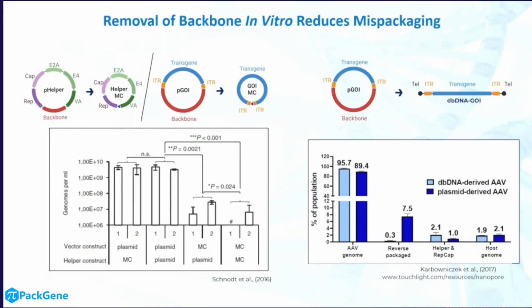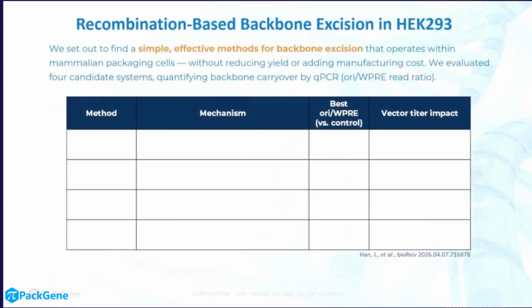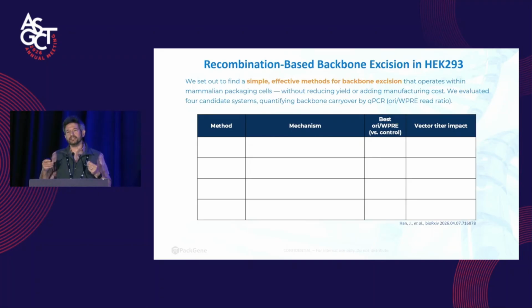being mispackaged. So we tried several methods in which we could have that excision happen inside the production cells without having to add extra steps or extra manufacturing costs, trying to keep it simple.